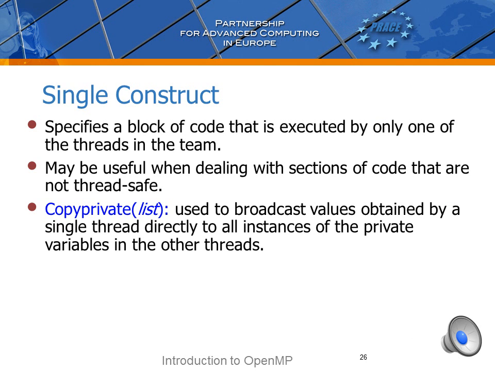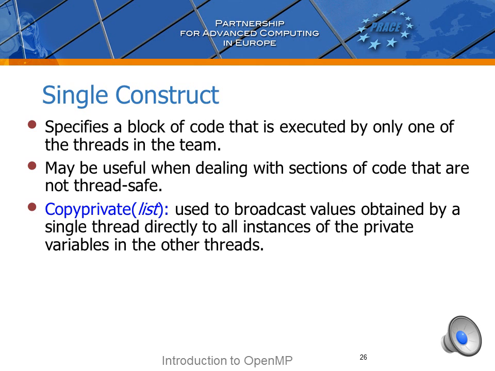The single construct specifies a block of code that will be executed by one of the threads in the team. The other threads which don't execute the block wait at an implicit barrier at the end of the single construct. It may be useful, for example, when dealing with sections of parallel regions that are not thread safe.